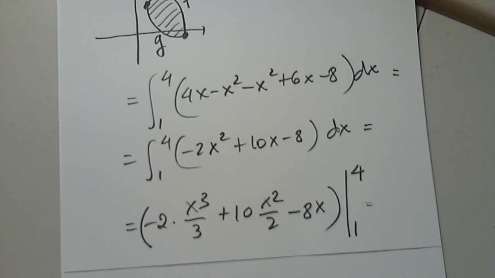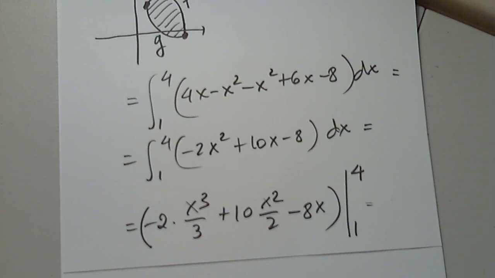And be very careful where you plug in. You have to plug in the function, not the antiderivative, in the last step. I didn't mean to do that, I meant to do this. So this is from 1 to 4, and the function was negative 2x squared plus 10x minus 8, and my answer is 9.